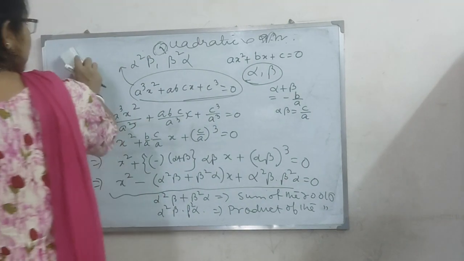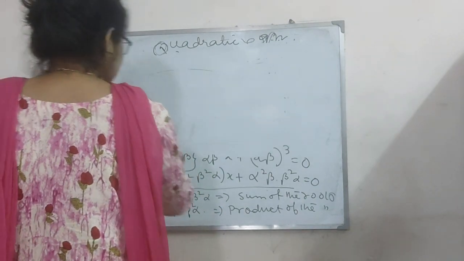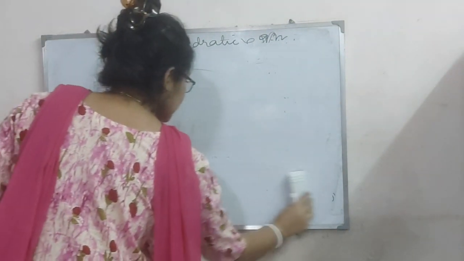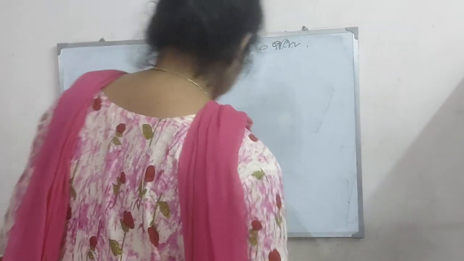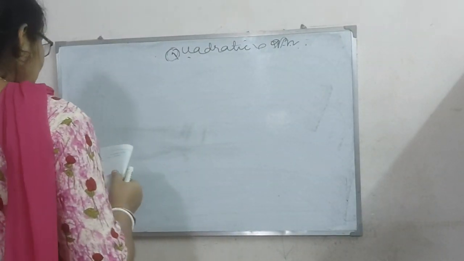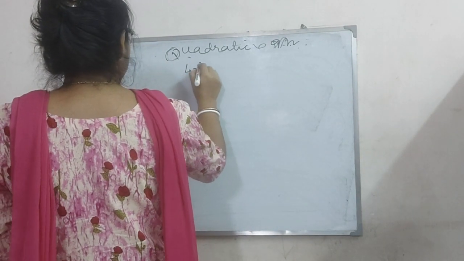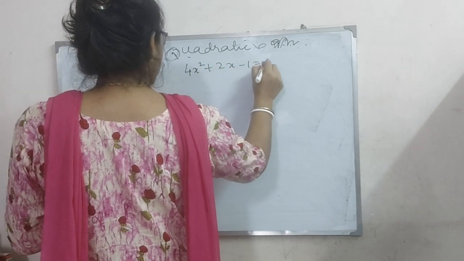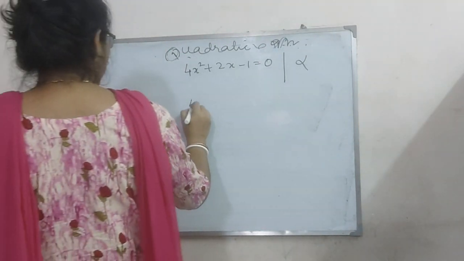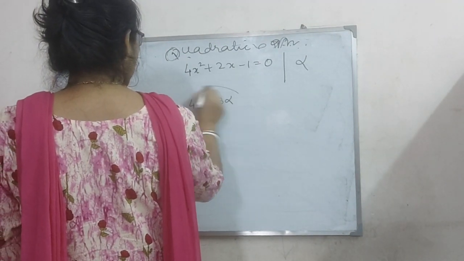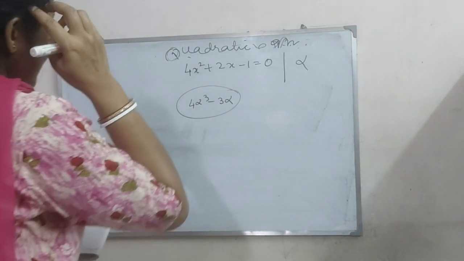Second one is: if alpha is a root of the quadratic equation 4x square plus 2x minus 1 equal to 0, prove that 4 alpha cube minus 3 alpha is its other root.